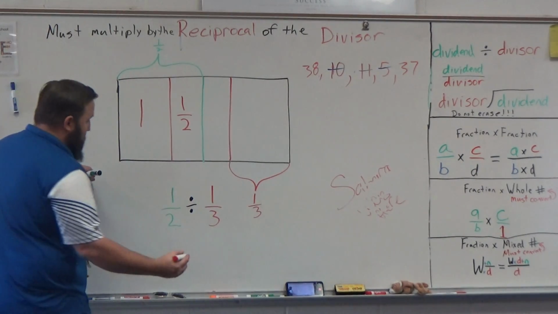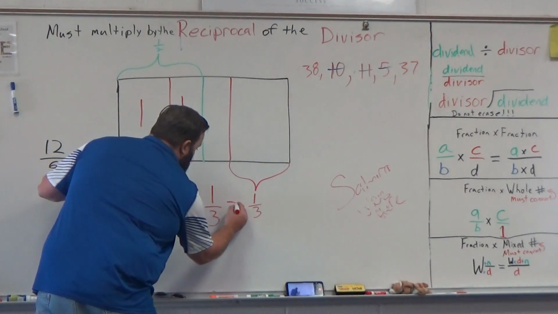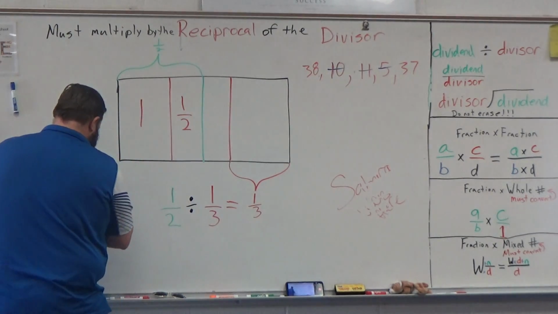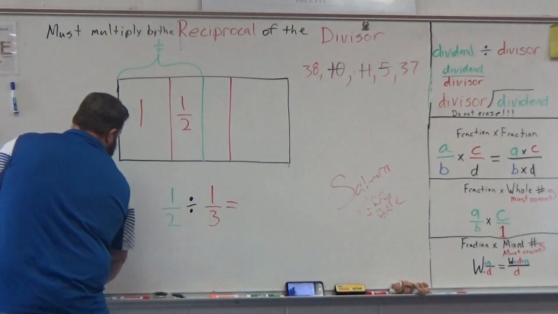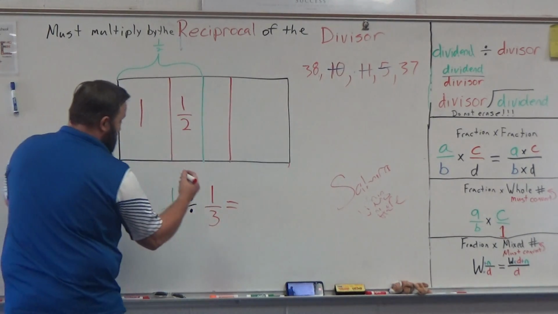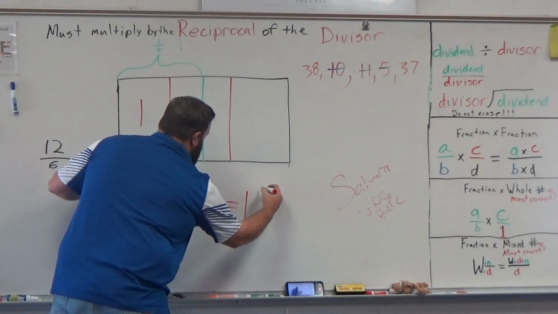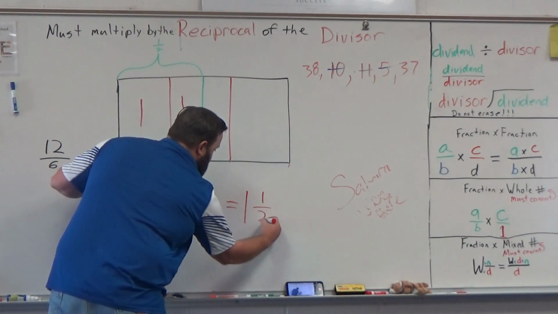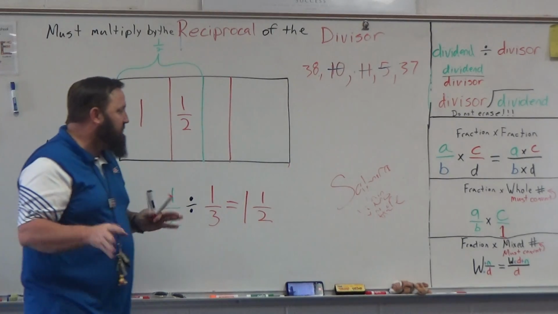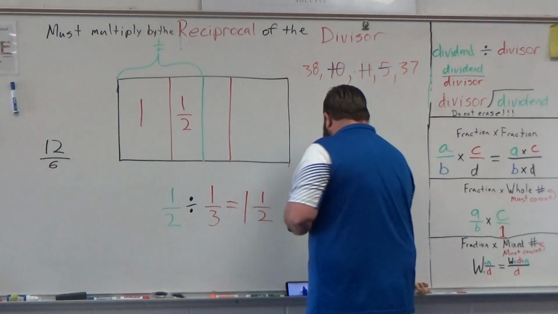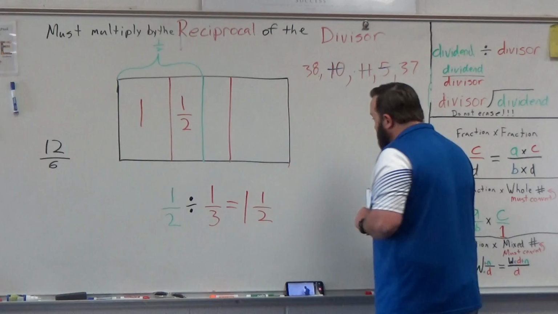We're saying 1 and 1/2. So 1/2 divided by 1/3 is 1 and 1/2, just by this model. Does everybody understand that? I know today some folks were a little bit rough with that. They were trying to figure it out.